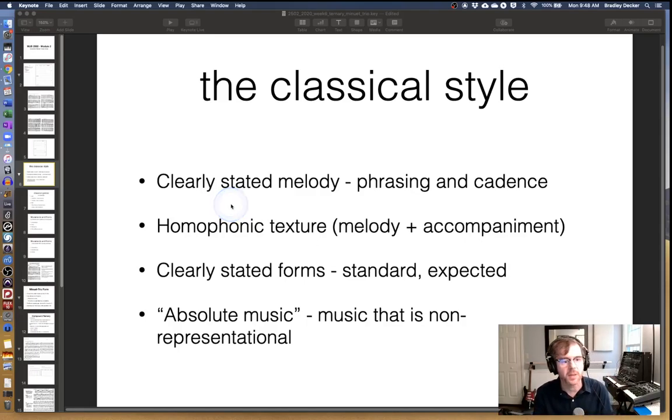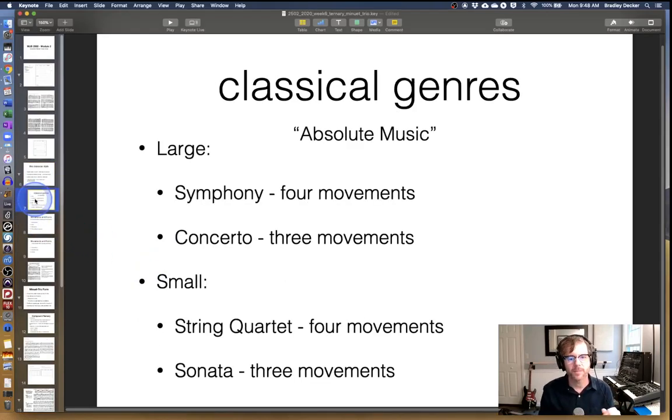Whereas in the Romantic era, a lot of that music was very topical and about poetry or feelings or emotions and romantic themes. But the classical style is generally very absolute, and you can see that reflected in the titles. Titles are like Symphony in E flat major, movement 3. It's very, very direct and dry, to be honest.